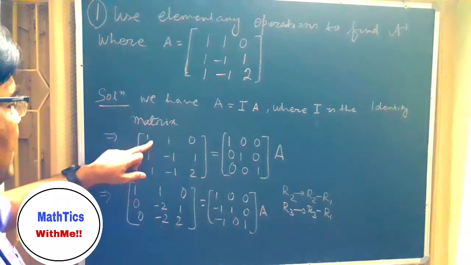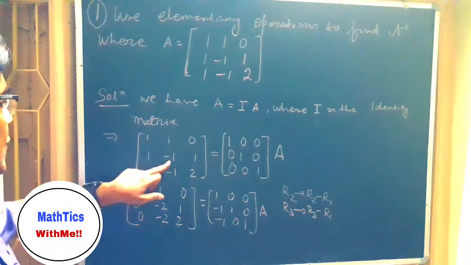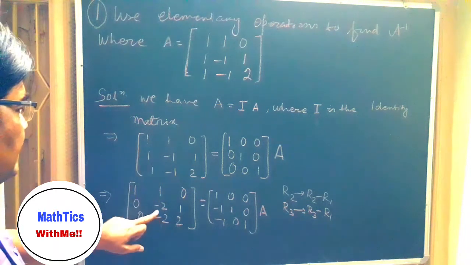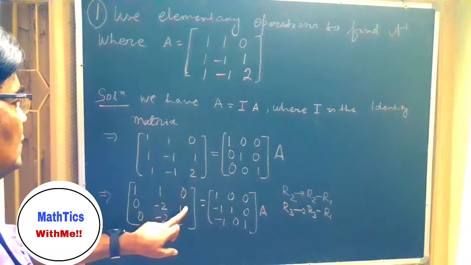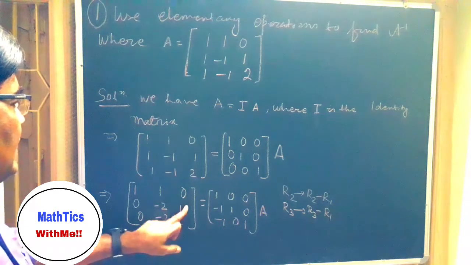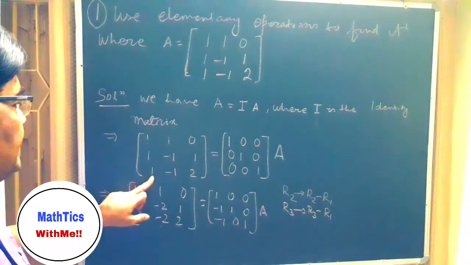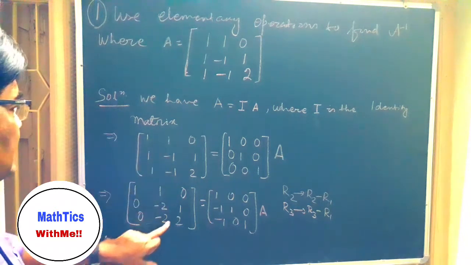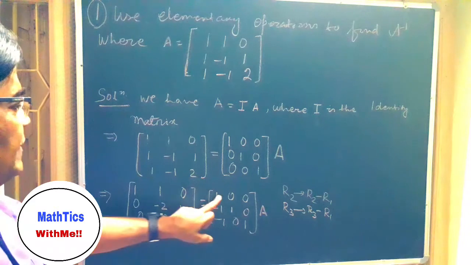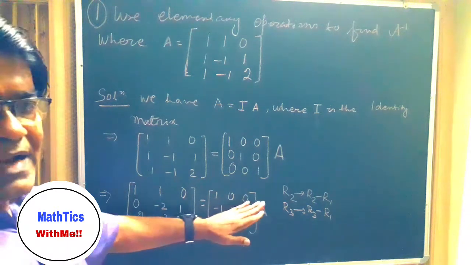This is 1 minus 1, we are getting 0. Minus 1 minus 1 is minus 2. This is 1 minus 0, this is 1. Again, row 3 is replaced by row 3 minus row 1. 1 minus 1, 0. Minus 1 minus 1, minus 2. 2 minus 0, 2. The first row will remain the same on the right hand side.